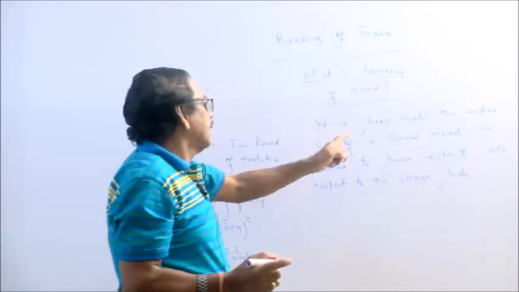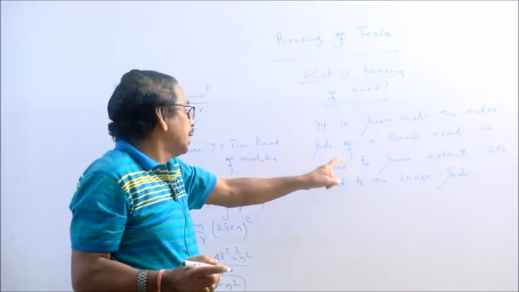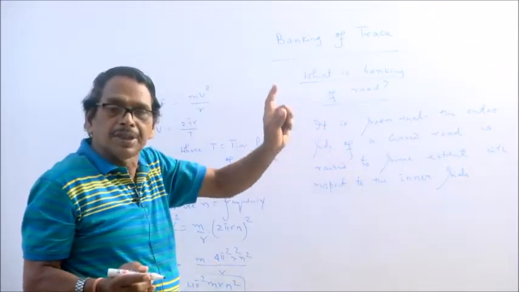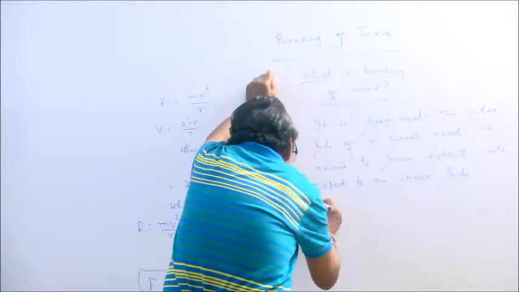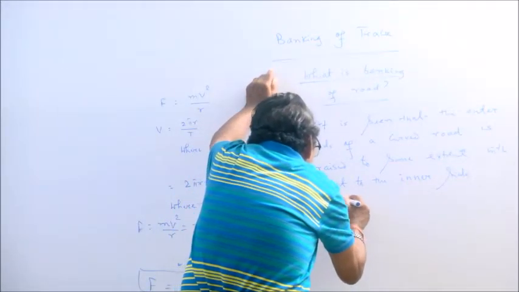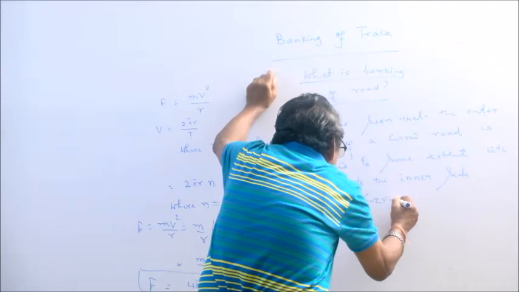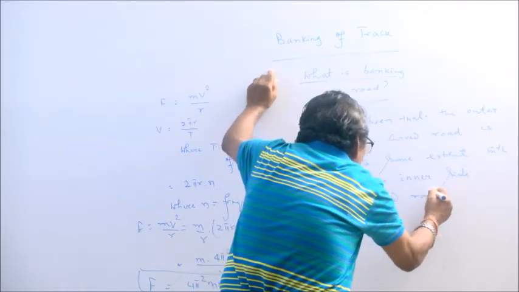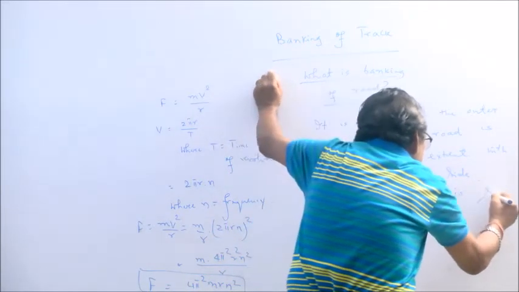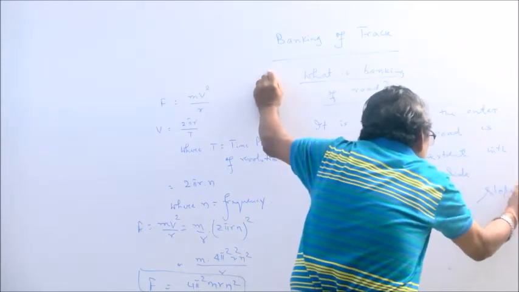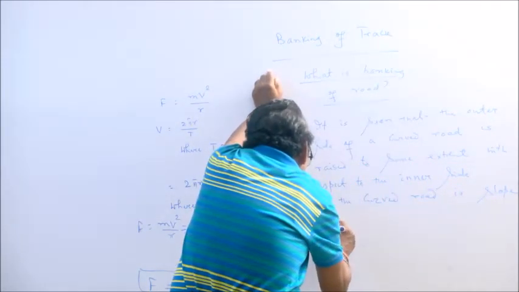It is seen that the outer side of a car road is raised to some extent with respect to the inner side. That is, the car road is sloped toward the center.